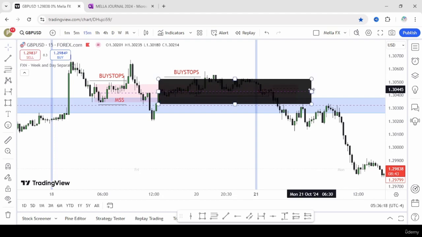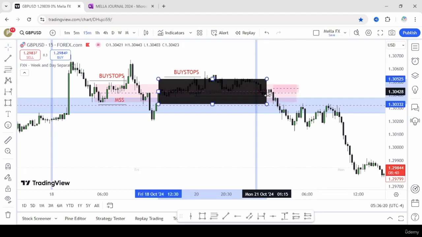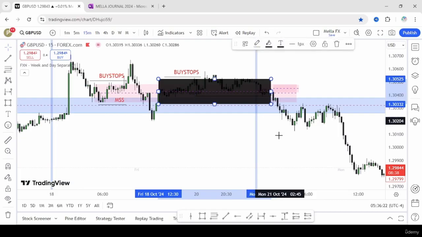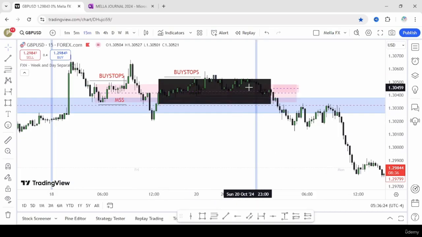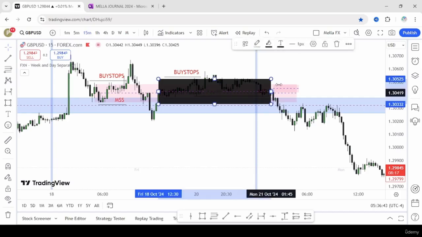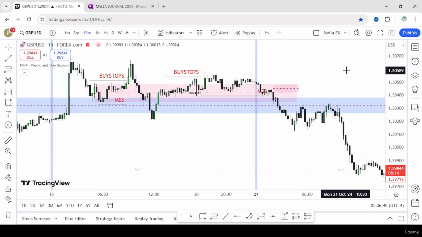Imagine all this data is not here, up to the time session. So it's just time distortion. But what your interest is focused on is our time zone. During our time zone, do we get a retest? Is the market still at that area of our breaker? That is what we are interested in.